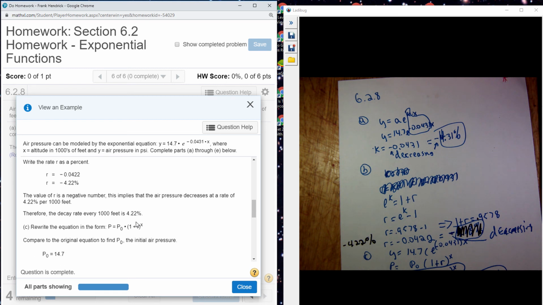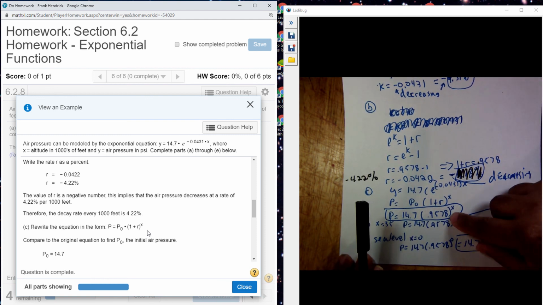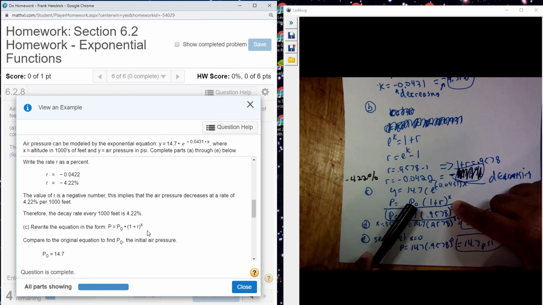Then they ask us to write it as P equals P0 times (1 plus r) to the x. So see, the r is negative 4.22%. So they rewrite the equation in that form. I have my exponential equation here, and right there underneath it, I can identify what my 1 plus r is.